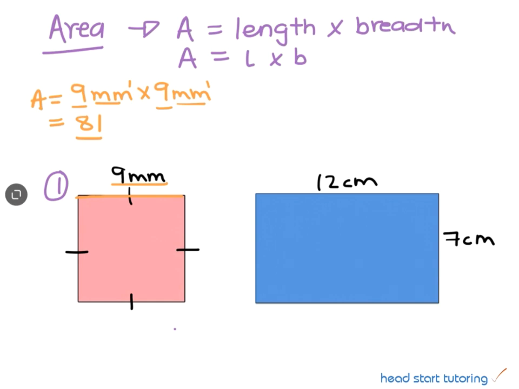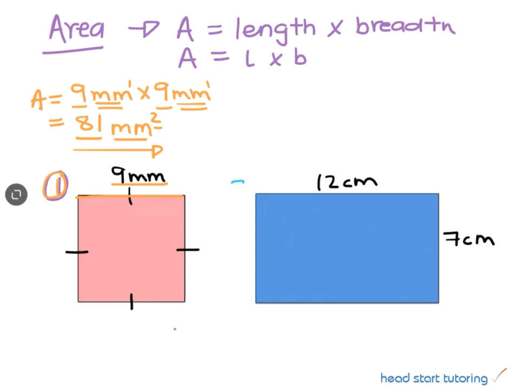When we are multiplying millimeters by millimeters, we end up with millimeters squared. So whenever we are working with area, because we are multiplying the measurement by itself, we end up with that measurement squared. So the area for this square, which is 9 millimeters by 9 millimeters, will be equal to 81 millimeters squared.